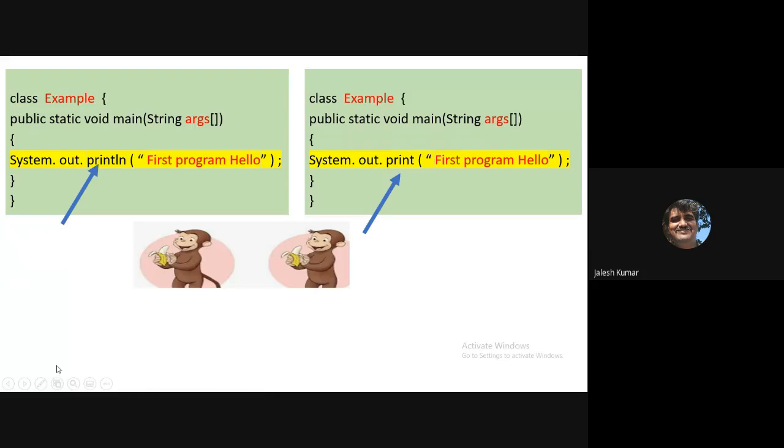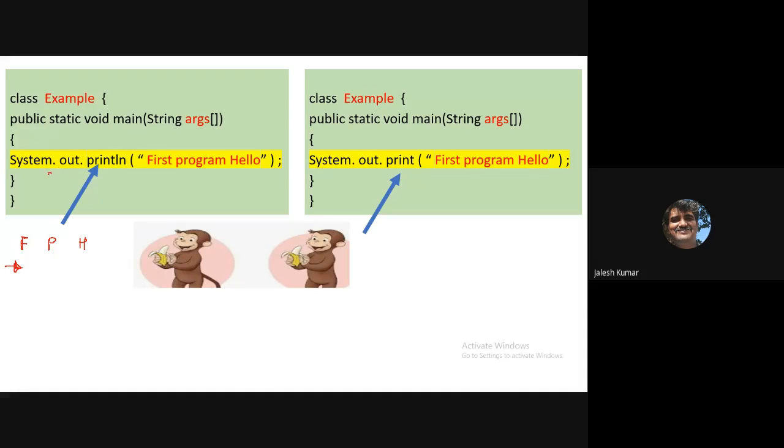Once that has arrived, let us write F for first, P for program, H for hello. After that, the cursor will come to the next line, because you used println.